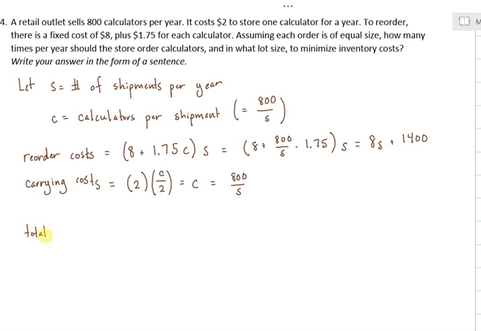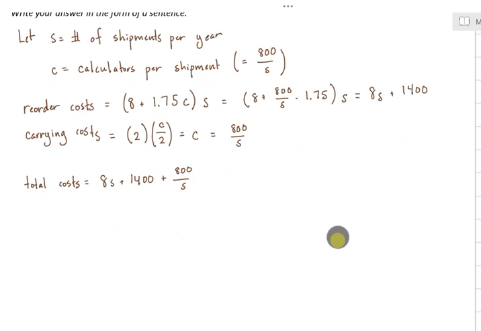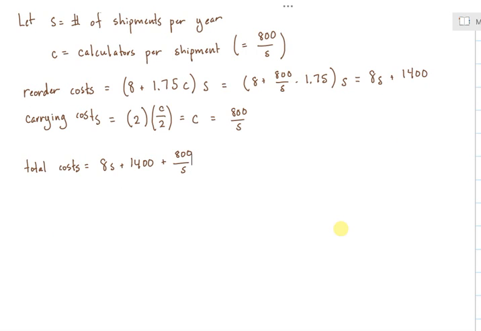So my total cost is the sum of those two things: 8S plus 1,400 plus 800 divided by S. And that's the thing I'm looking to minimize. I can call that a capital C. So taking the derivative, C prime of S, I get 8, the 1,400 goes away, and then minus 800 over S squared.